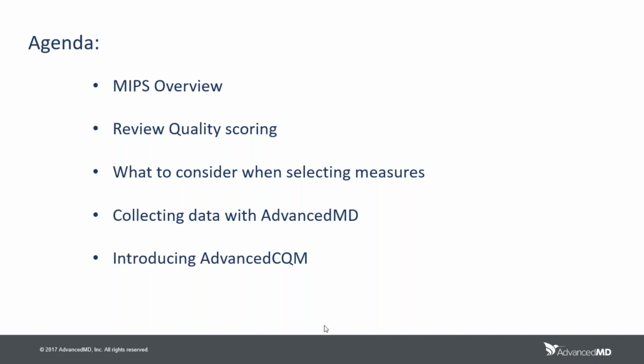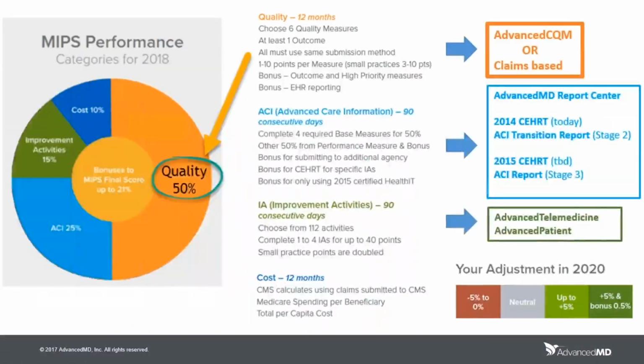Most of us are familiar with MIPS, but let's do a quick overview. And we'll first start with ACI, the Advancing Care Information. The ACI score evaluates eligible clinicians on the use of the certified EHR technologies. So eligible clinicians must use either 2014 or 2015 certified EHR.